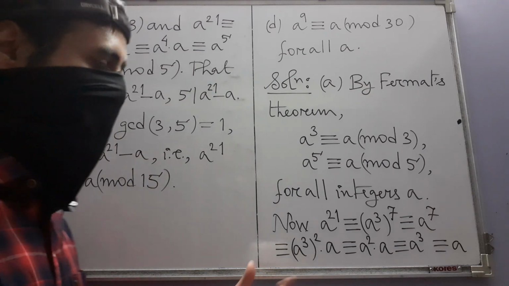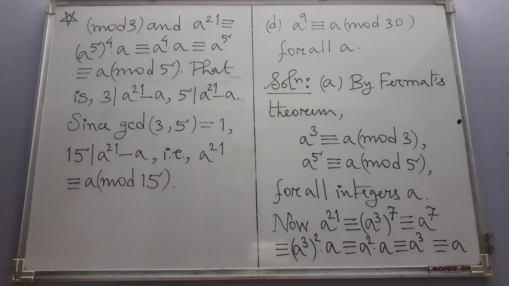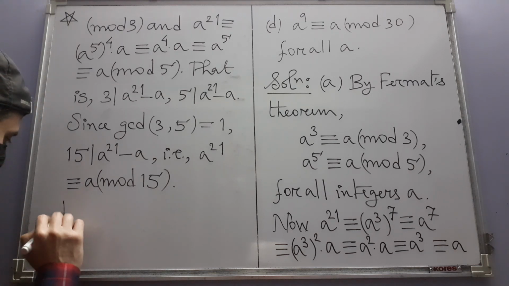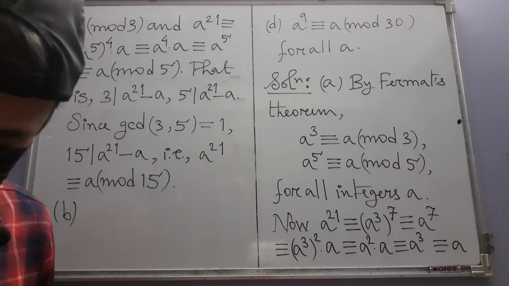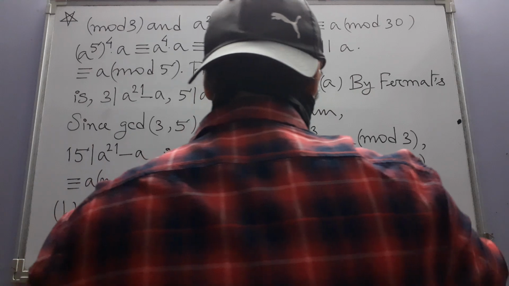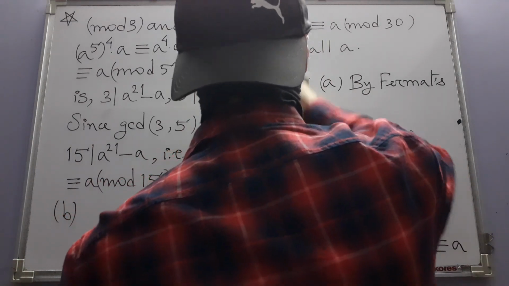Okay, so this was pretty easy. The others are also similar. Let's see B. In B, because I erased it, let me write the congruence that we have to establish.